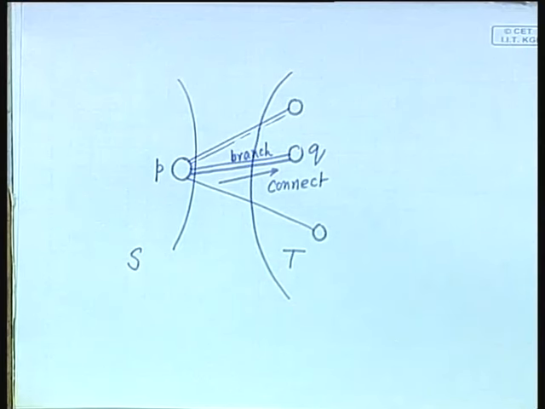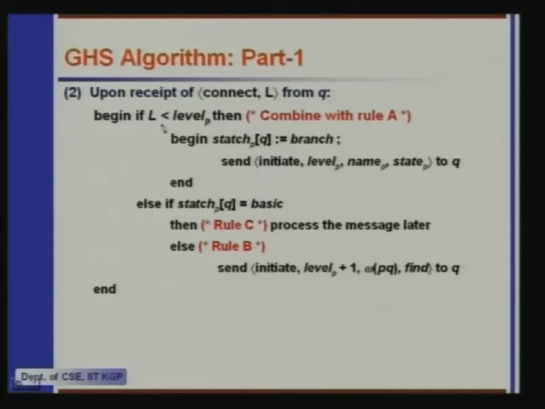Now, upon receipt of a connect L message from Q, this is what we do. If L is less than level P, so P is receiving a connect L message from Q, P will check the level of the message that has arrived.